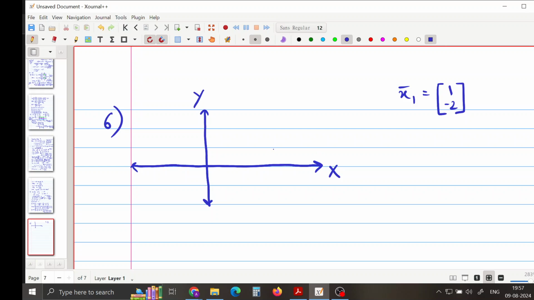If you take this as your origin 0 comma 0, then let's say this is 1 unit, and let me just extend this further.